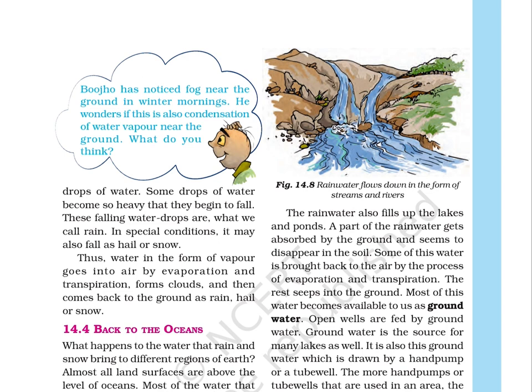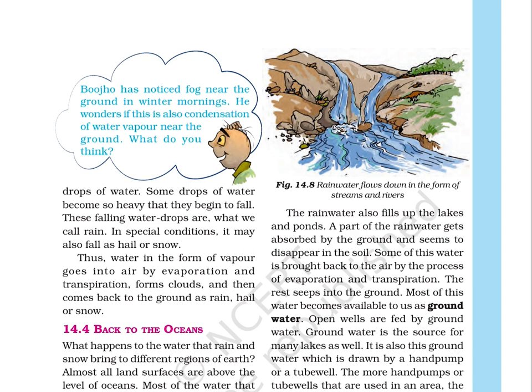Back to the oceans. What happens to the water that rain and snow bring to different regions of Earth? Almost all land surfaces are above the level of oceans. Most of the water that falls on the land as rain and snow sooner or later goes back to the oceans. This happens in many ways.